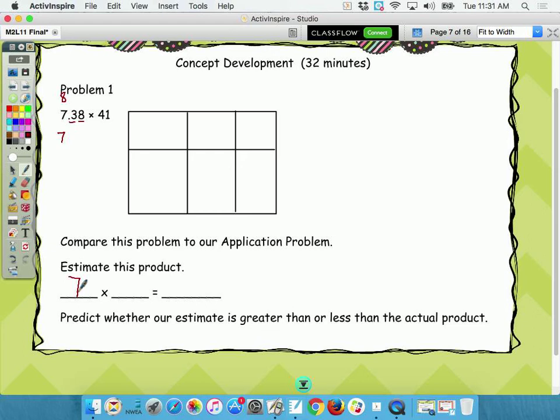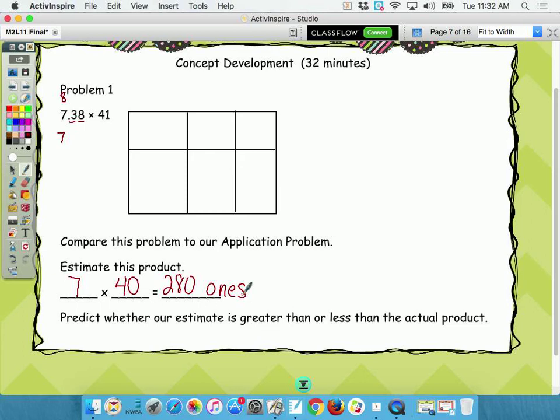Jarrett, what will you round 41 to? 40. And what's 7 times 4? 28. Add a 0. Good. And what place value is this? Ones. Okay. So Cooper, I'm going to need you to quit doing that. That's messing with my OCD.